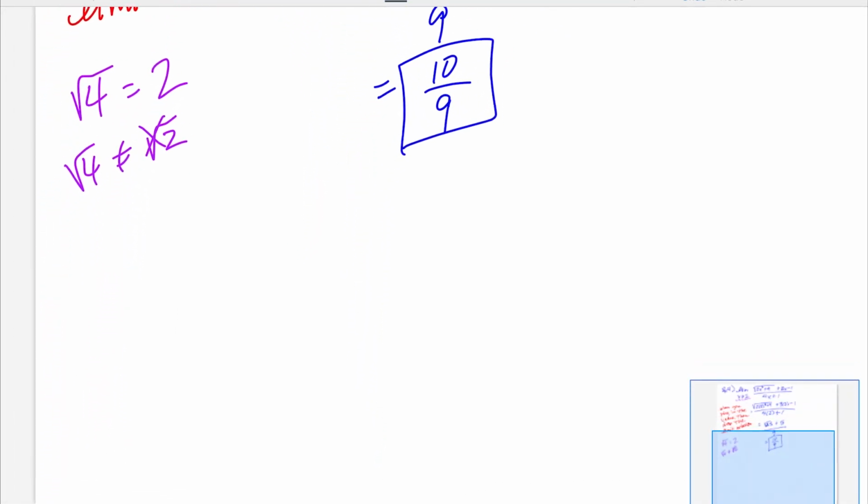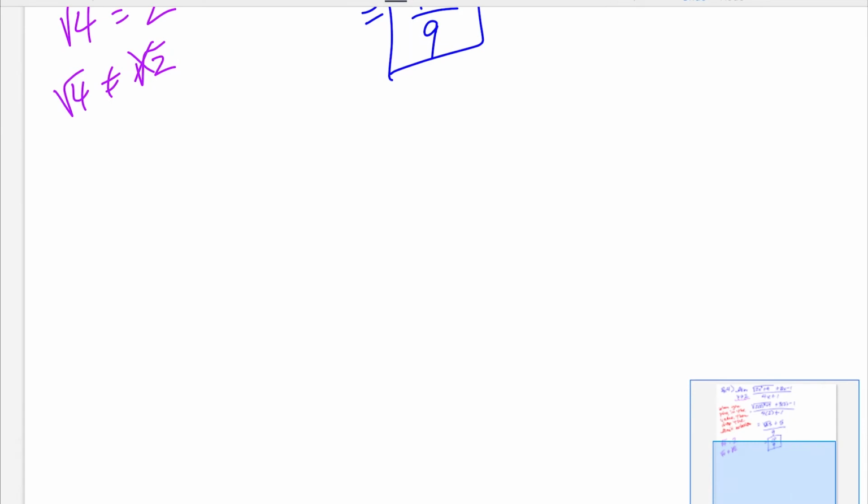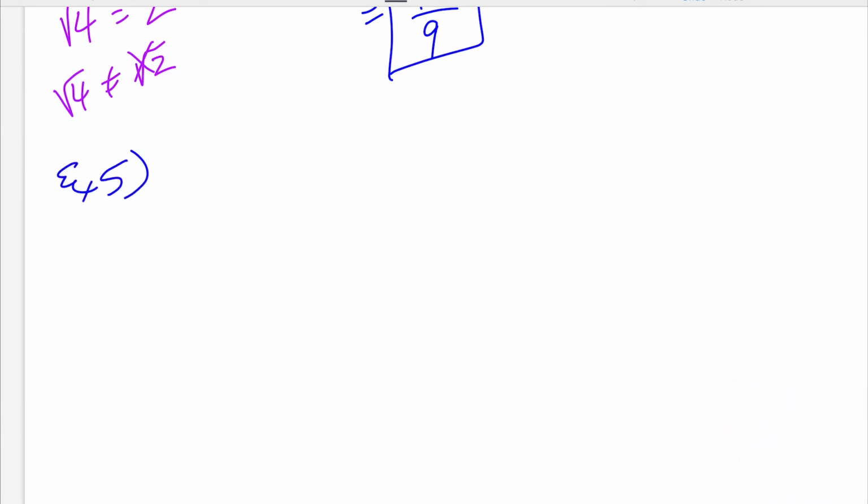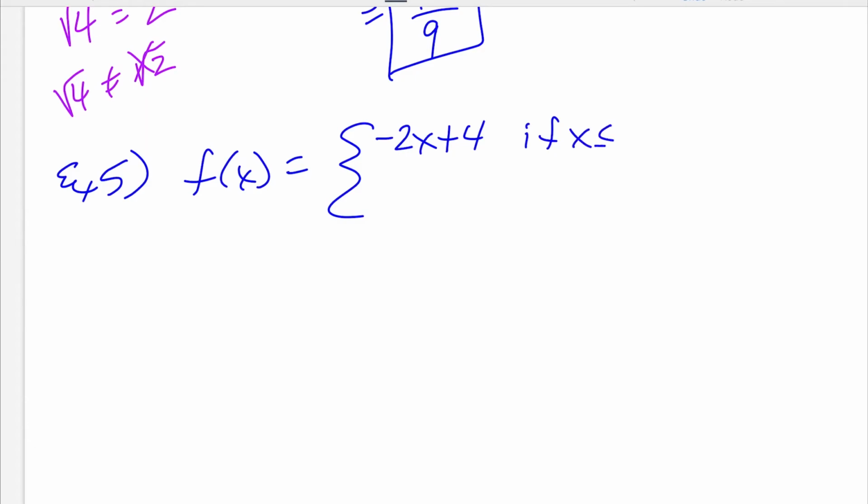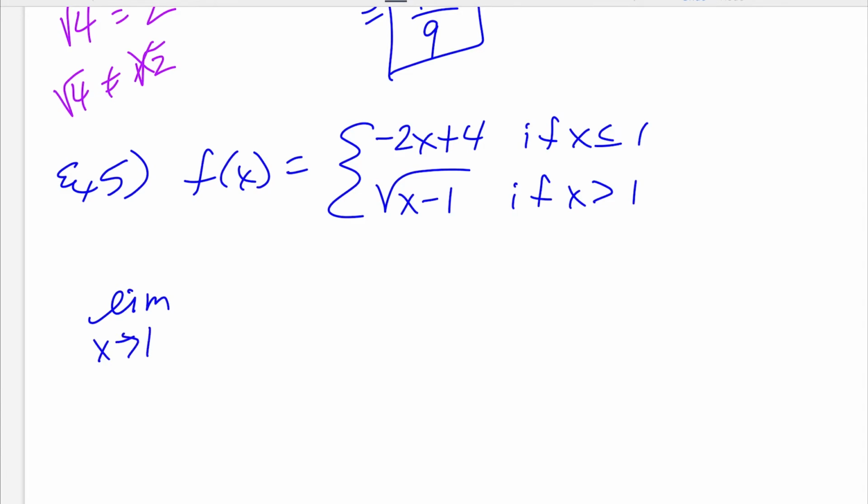So if we look at this one, I'm going to do one more here and then we're going to come up with something else. So here's example 5. If I have this function, f of x is a piecewise, 2x plus 4 if x is less than or equal to 1, and the square root of x minus 1 if x is greater than 1. If I'm looking at this and I want to take my limit as x approaches 1 from the right, which side am I coming from?